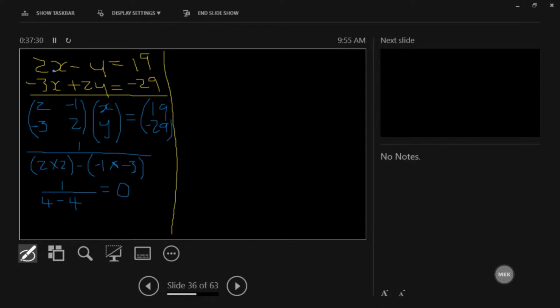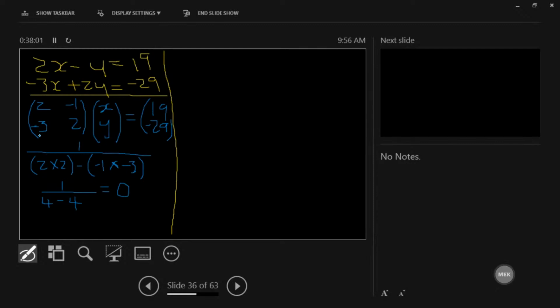We have 2x minus y, that gives 19, negative 3x plus 2y, negative 29. All right, so the coefficients are 2, negative 1, negative 3, positive 2. The determinant is a times d minus b times c.